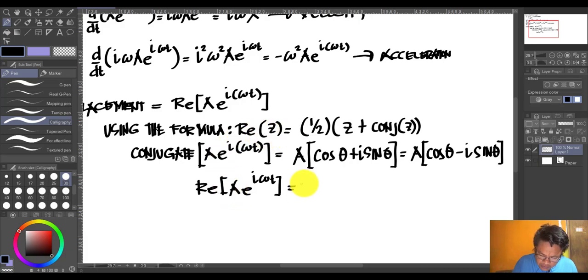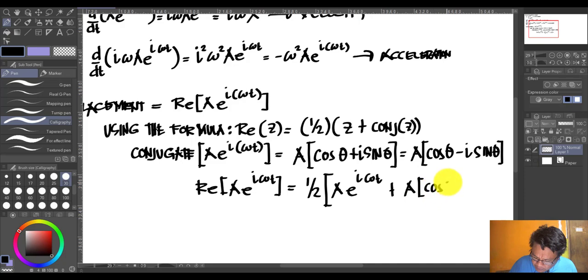Now we're going to just use the formula here. So we have 1/2 multiplied times the function z, which is A raised to i angular velocity times time, plus your conjugate value, A, so close parenthesis. That will be cosine of theta minus i sine of theta.